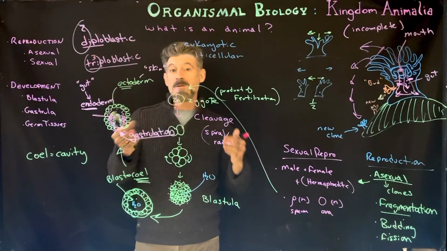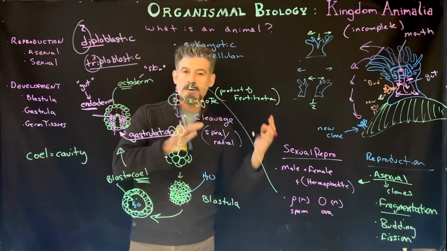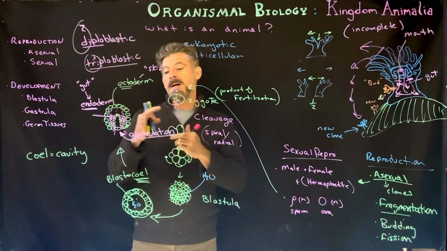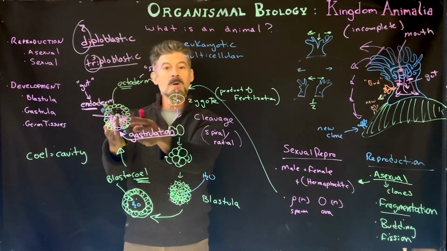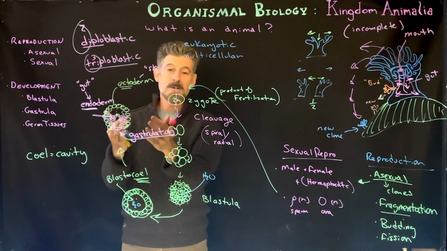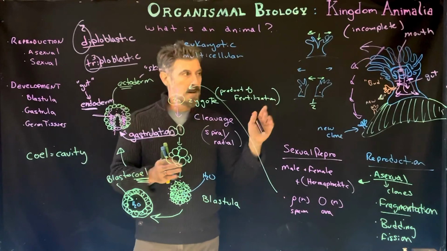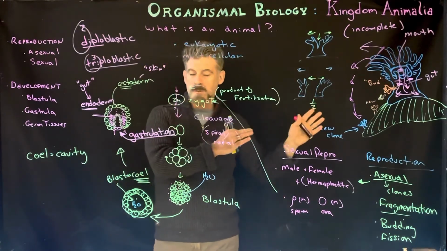So all animals are going to be, except sponges, either diploblastic or triploblastic. Okay, and then the triploblastic ones will have this extra group of cells that form a type of tissue called mesoderm, which we'll talk about again later, because the first couple groups aren't going to have this. So we'll talk about it more when we get to those groups.